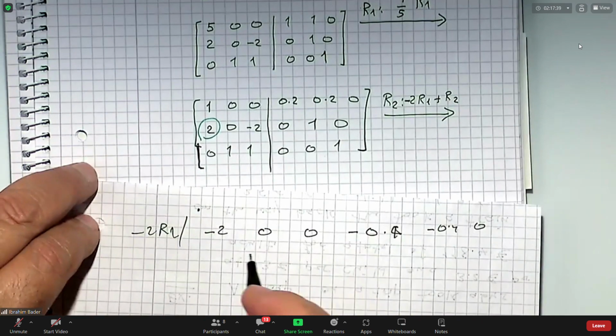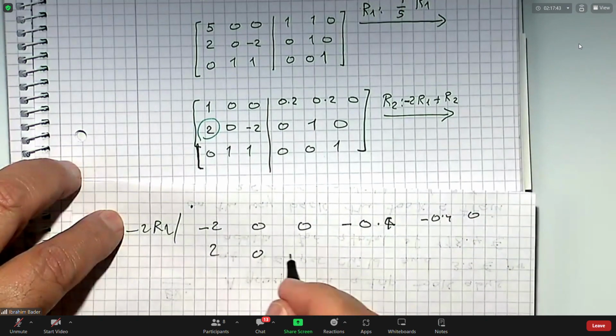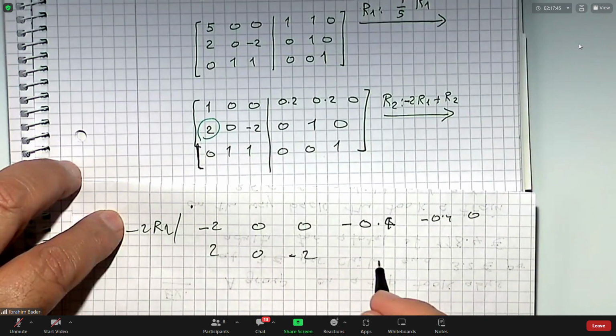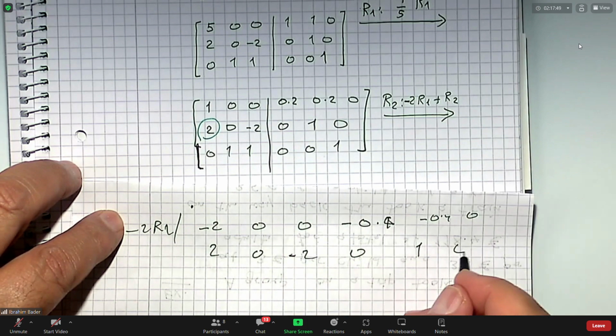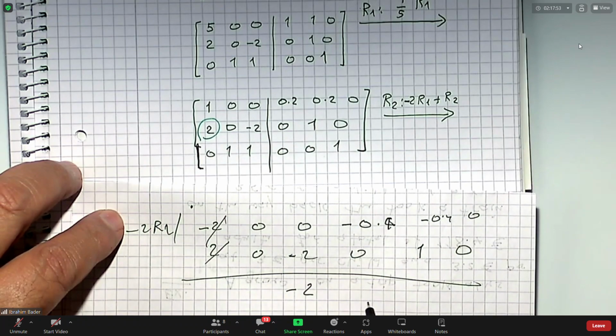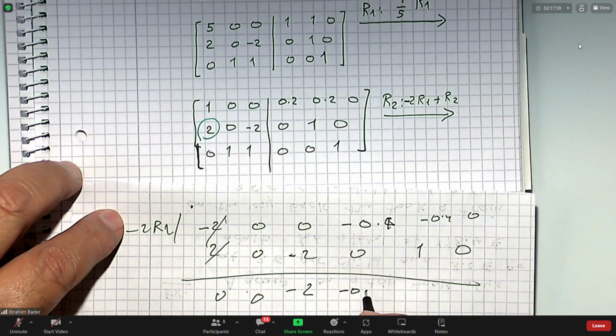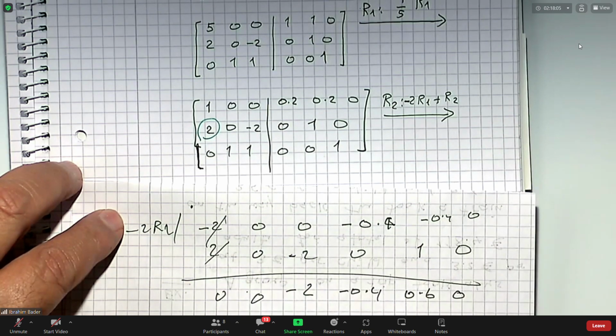Now here, I added R2, so I have here 2, 0, negative 2, 0, 1, 0. So here, of course, this will cancel. I end up having 0, 0, negative 2, negative 0.4, and here 1 minus 0.4, it's 0.6 positive and 0.